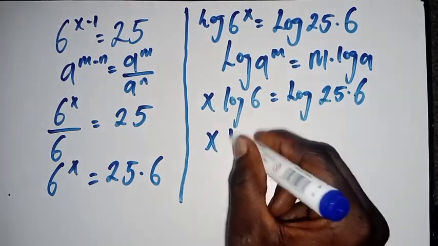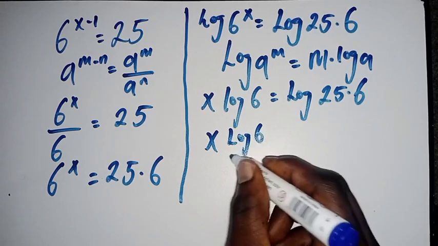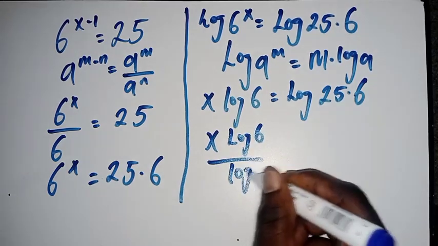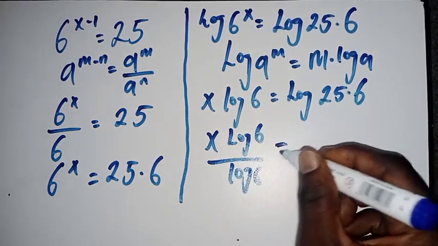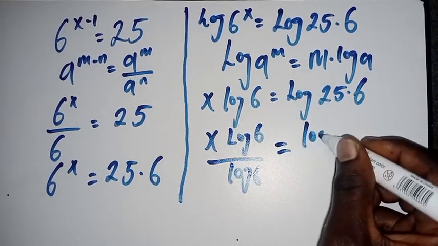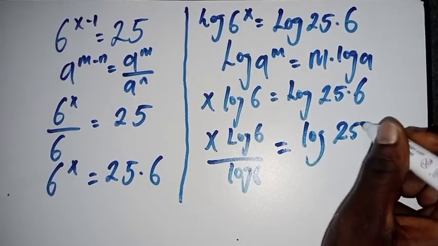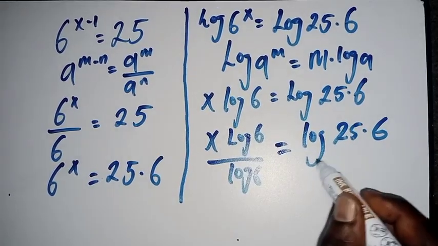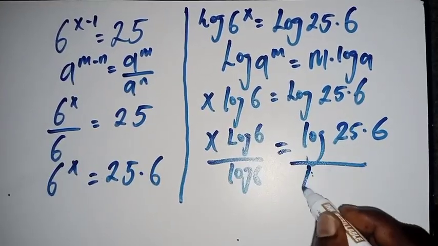So we have x log 6 over log 6 to be equal to log 25 over log 6.